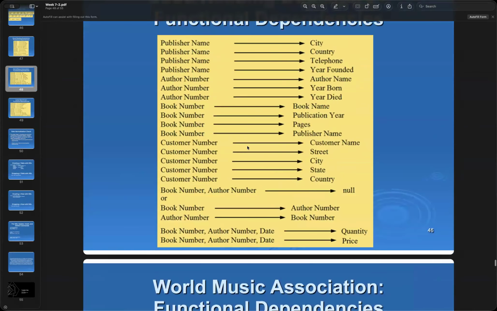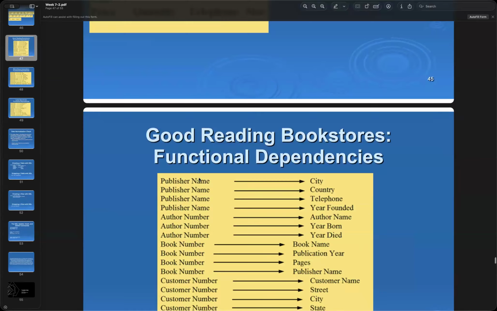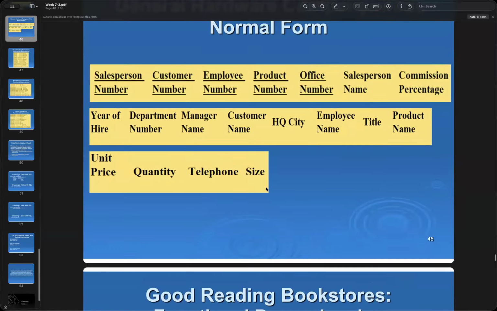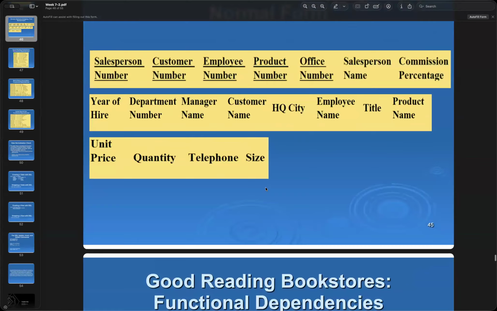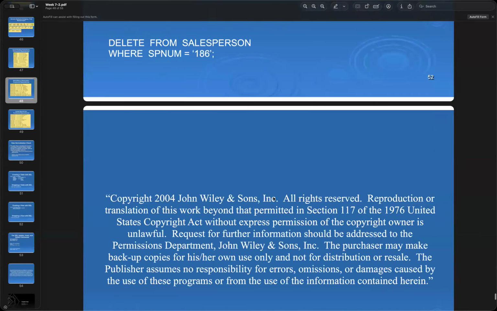You need to pick up the attributes and categorize them together and then point to it. So it's a fully functional dependence. Okay, so you just need to remember. And so far that's it. Thank you.